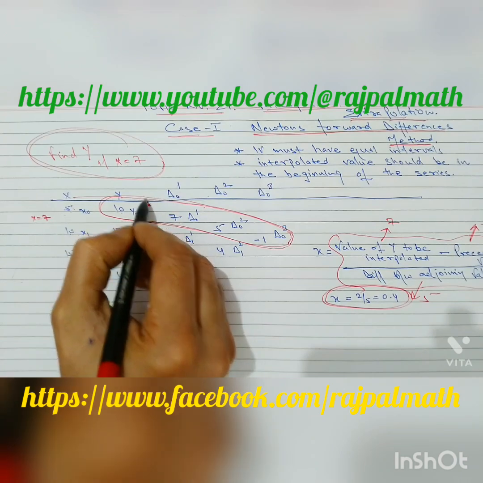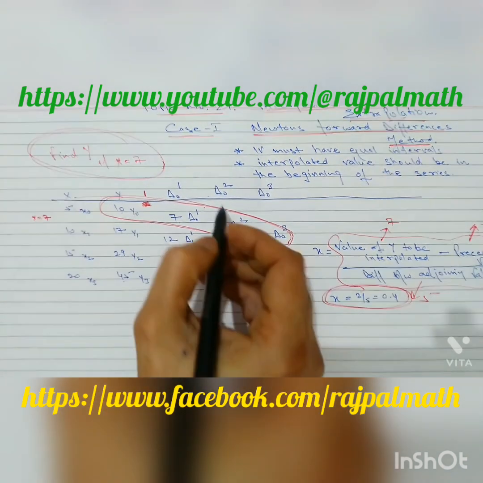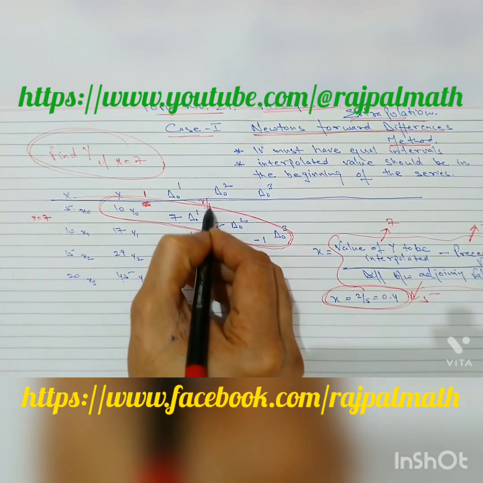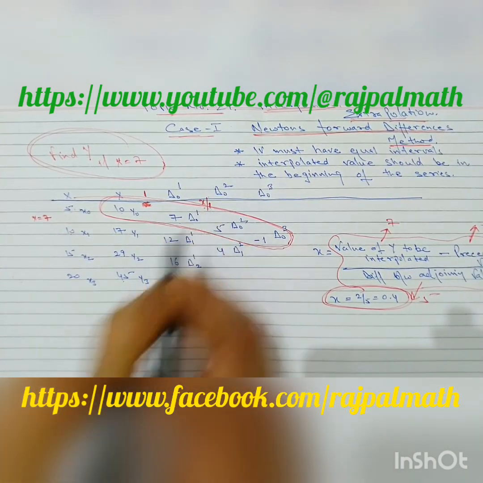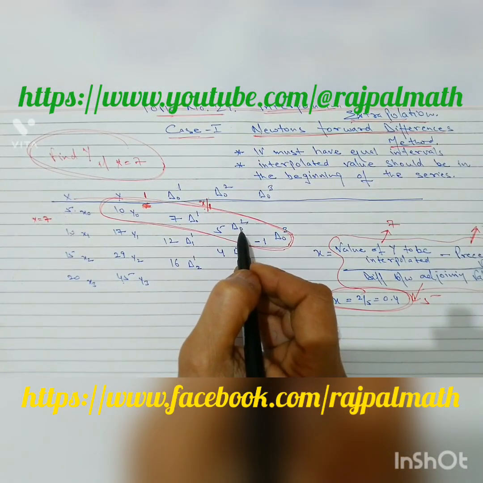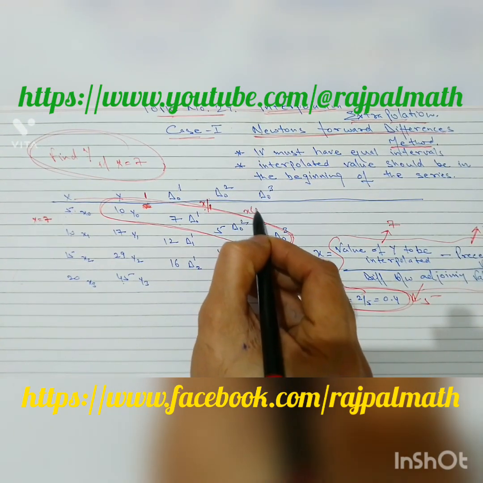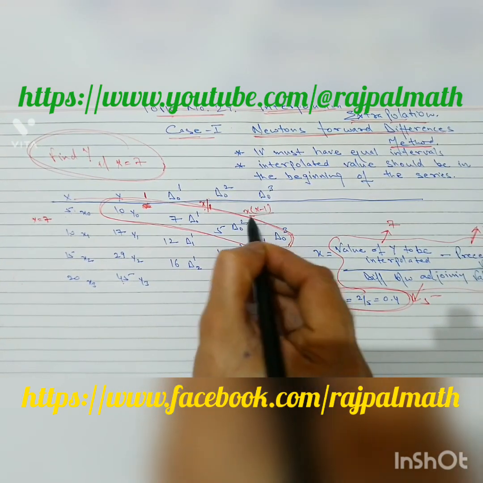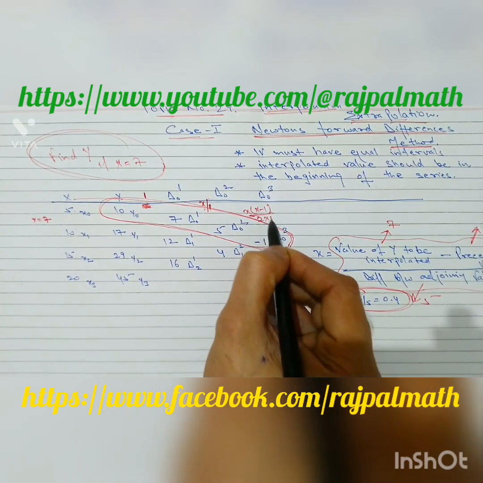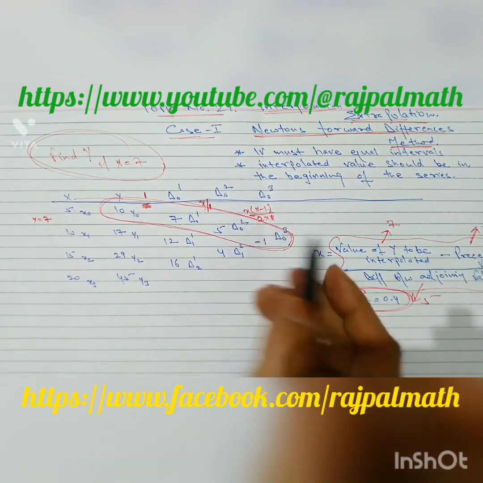Then the third term is x into x minus 1 by 2 factorial.